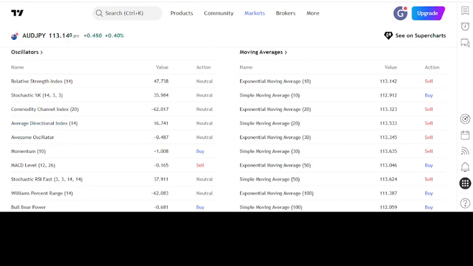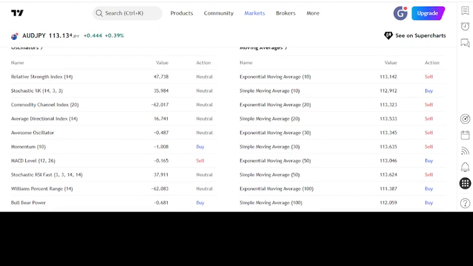And to the right, we have the moving averages, exponential moving, 10 period exponential, simple, 10 period simple moving average, 20 period EMA, and so forth down the line here up to 100 SMA here.